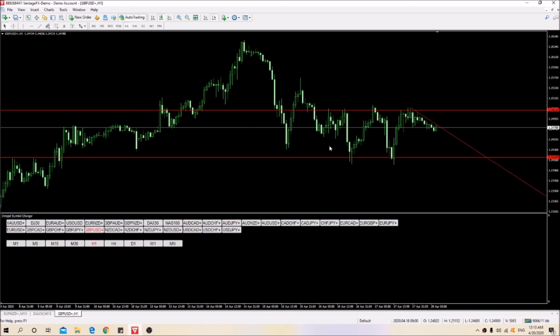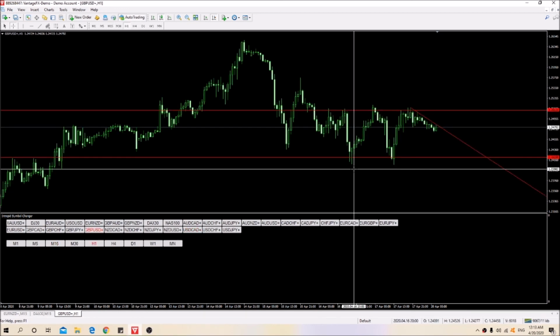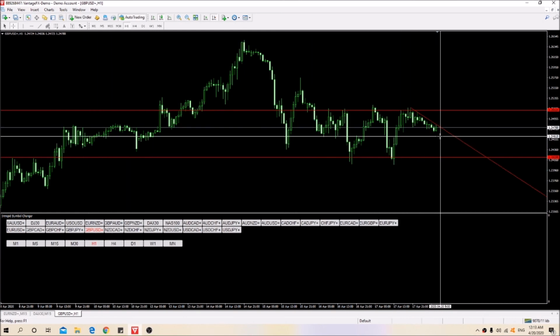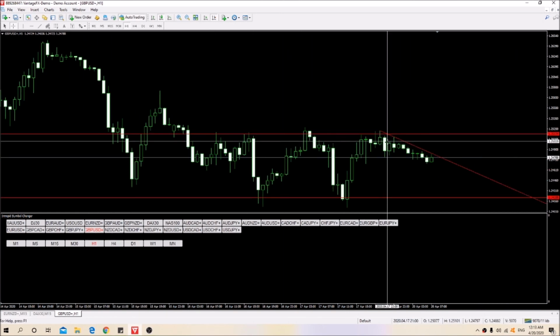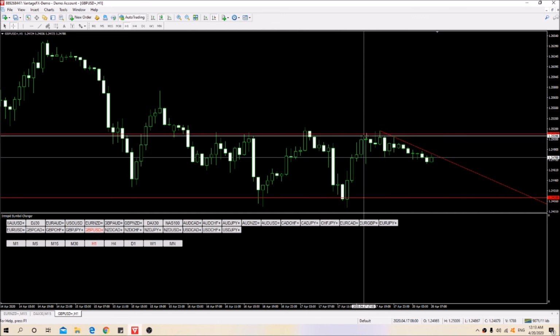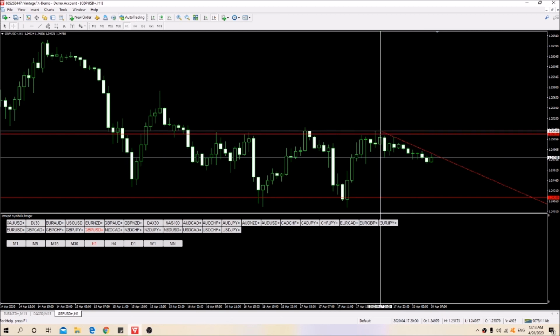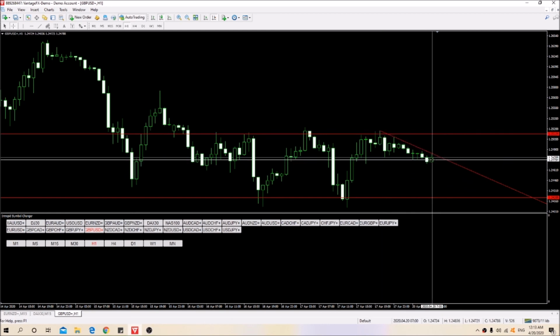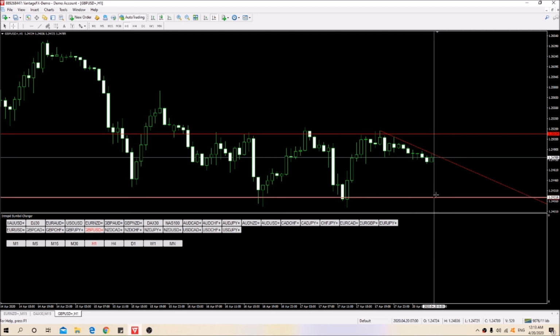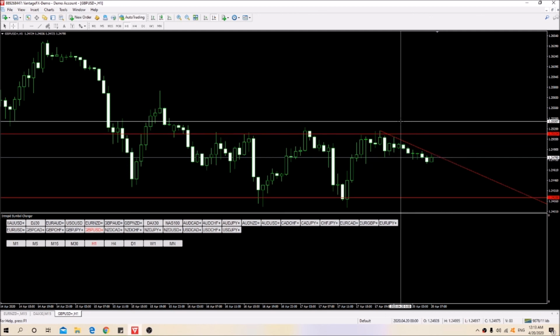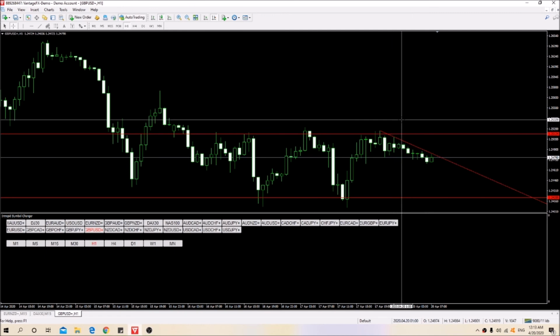So we just got another analysis done for another pair, GBP USD, and we do have a sell for this pair. As you guys can see here, we have a resistance here and support. It looks like the market is ranging, and we do have a trend line right here. So I do think that it's going to go here, test this again. So our take profit will be here, and our stop loss will be around here.